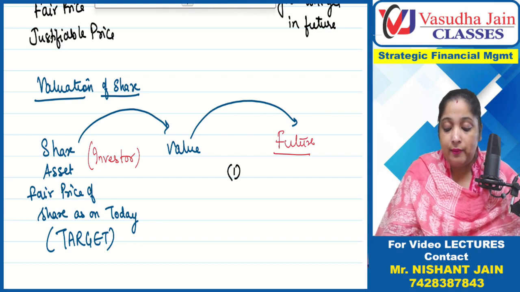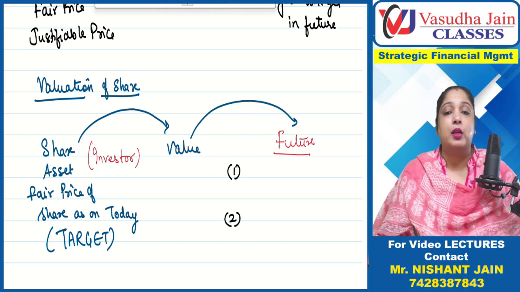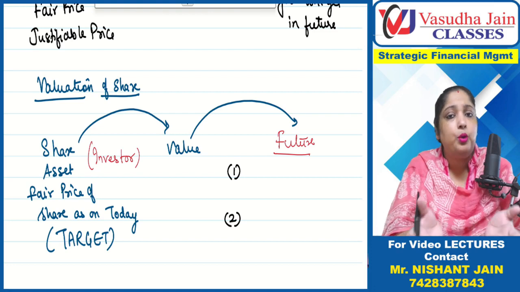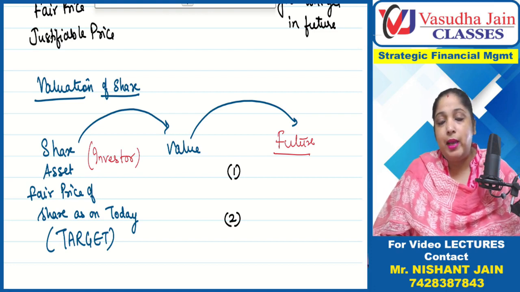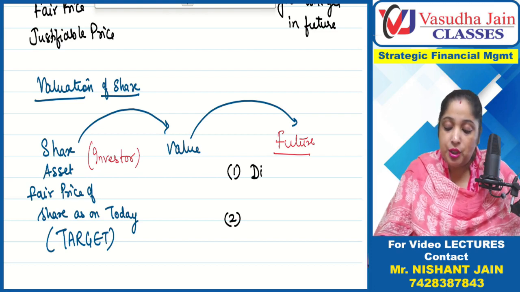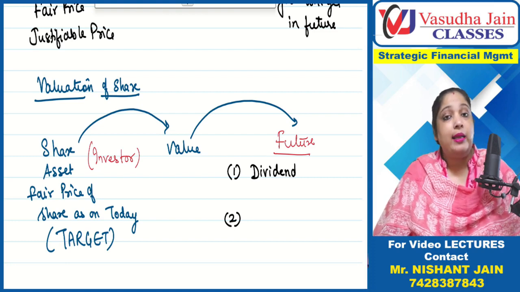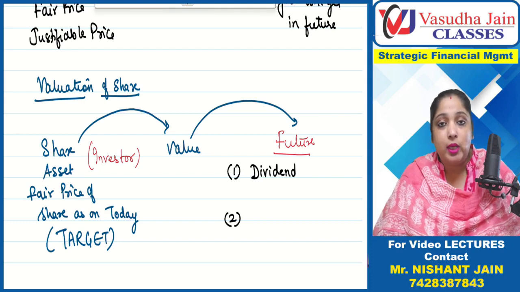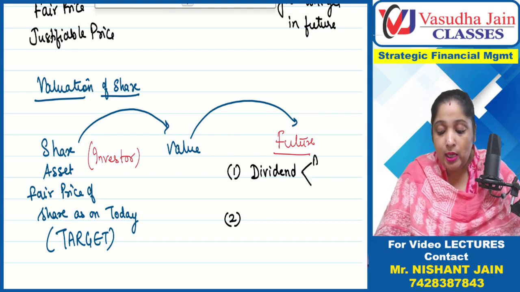What do you get from this share in the future? When you invest in a share, what do you get from the share? Very simple, ma'am. We get dividend from the share. Dividend can be paid by the company annually. Dividends are declared by the company half yearly also.